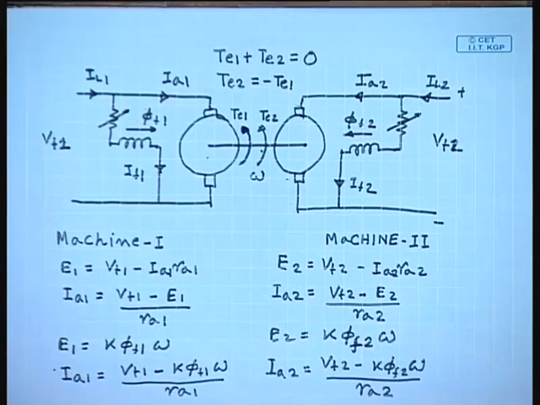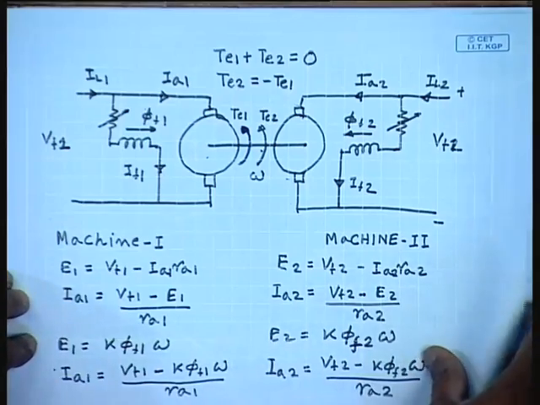The developed mechanical power assists motion, that means electrical power is getting converted to mechanical power and causing motion. So, that is a motor. If the developed electrical torque opposes motion, then the machine is driven against the opposing torque, mechanical power is input to that machine, and it operates as a generator.